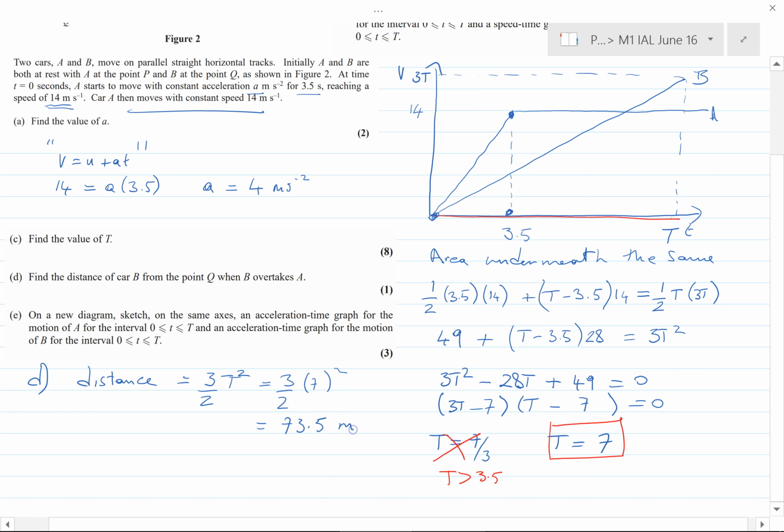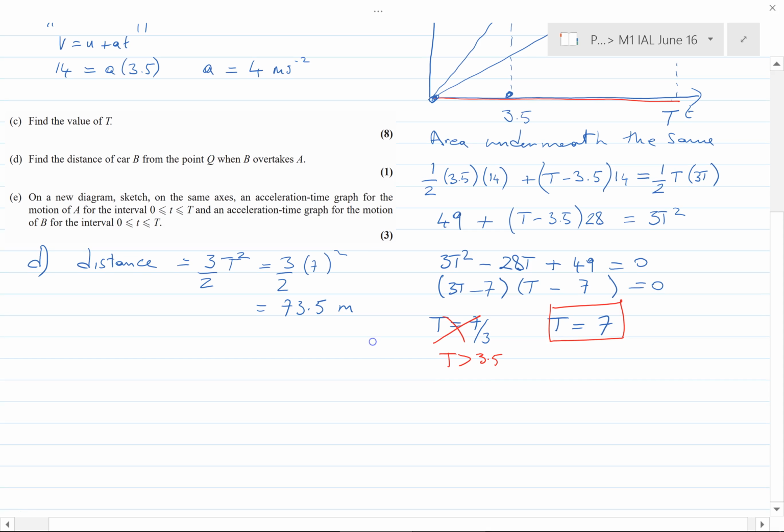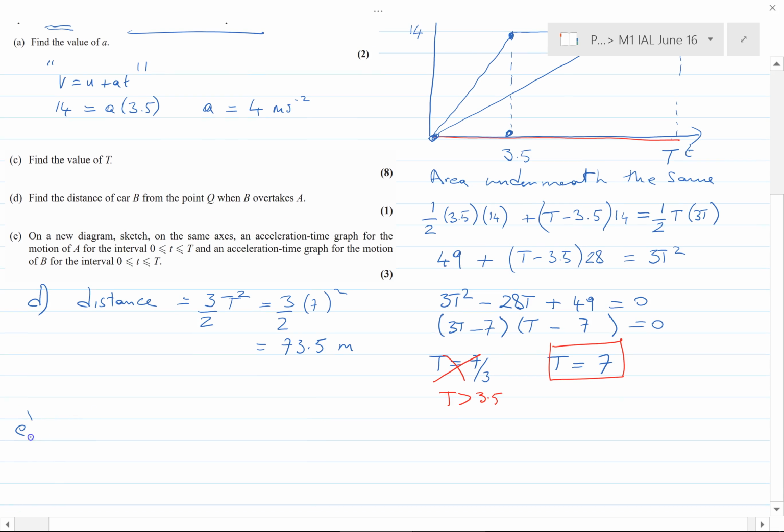And then finally they want us to do another graph, but an acceleration time graph. Occasionally you get asked for these things, not that often, but we've got to know what to do when we are. So put A on. We know that A initially accelerates and then it goes at a constant speed, like that, for 7 seconds, with the change at 3.5.